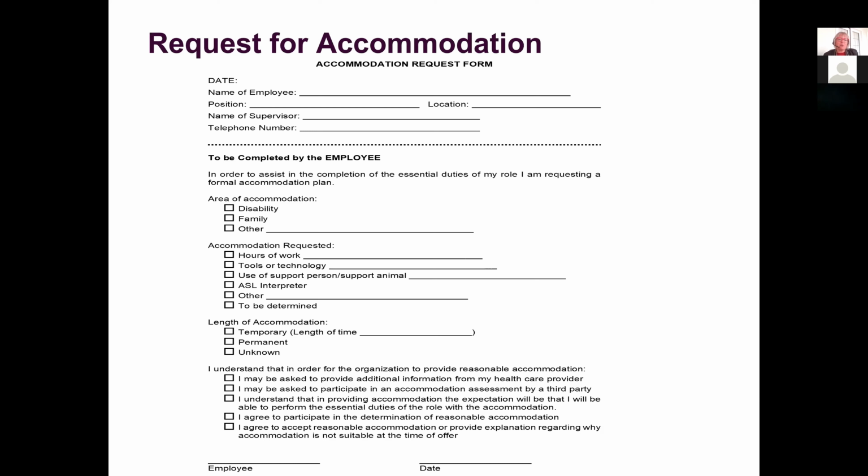You'll note in this request form, and it's probably pretty small on your screen, but at the bottom, we have included a checklist for that employee to check off what they understand as their responsibilities.